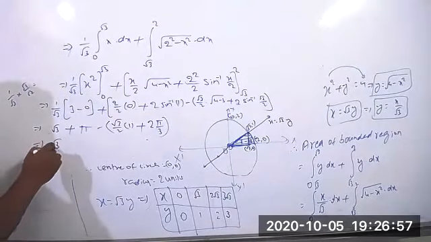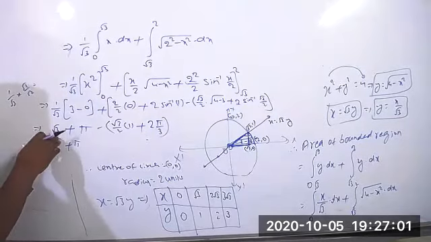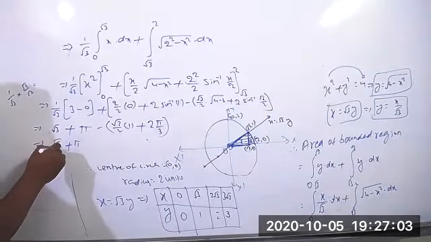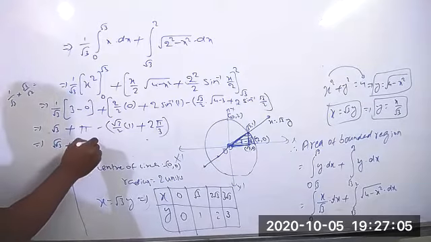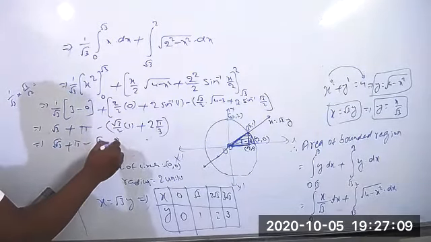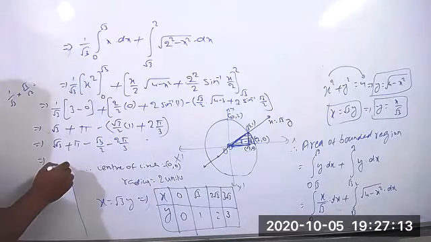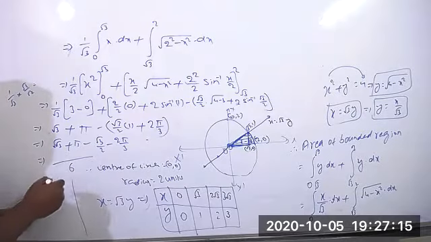So root 3 plus pi, minus root 3 by 2, minus into plus equal to minus 2 pi by 3. Now we can take the LCM here. 6 is the LCM.